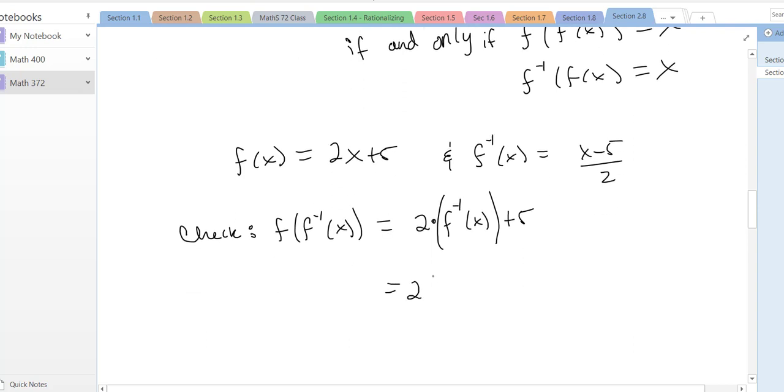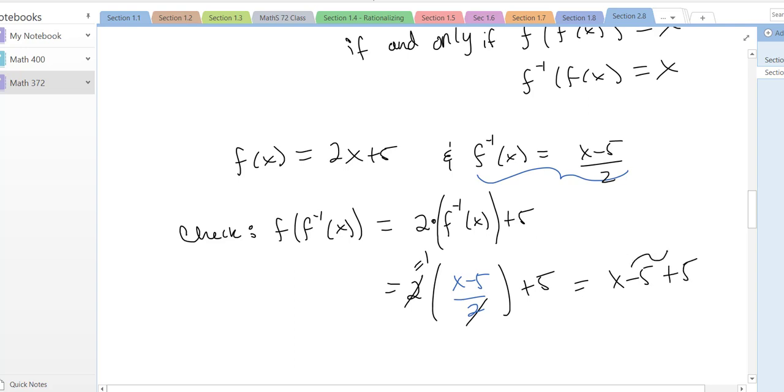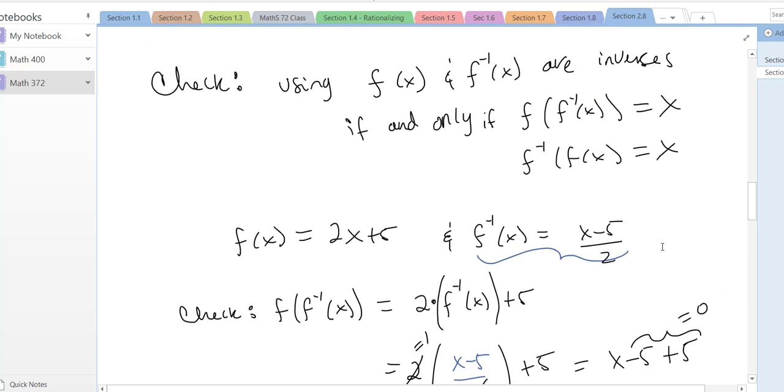This becomes 2 times f inverse, which is my (x minus 5) over 2. This is my f inverse of x. And then plus 5. So here 2 divided by 2 is 1, so those cancel, and I'm left with x minus 5 plus 5. And minus 5 plus 5 is 0, so we're left with x. And so that means that they are in fact inverses, because two functions are inverses if when you compose them together, you get x.